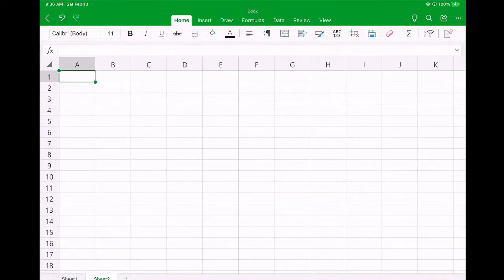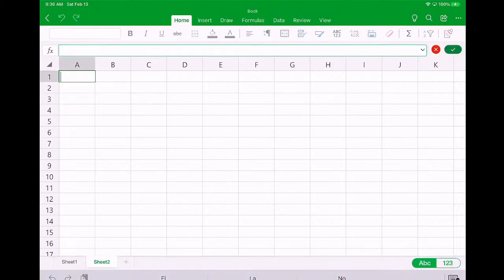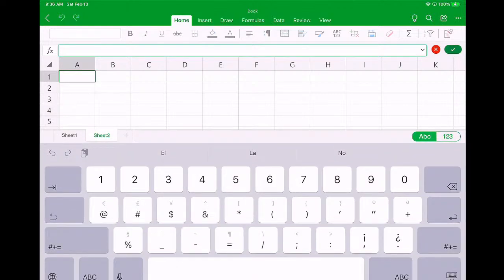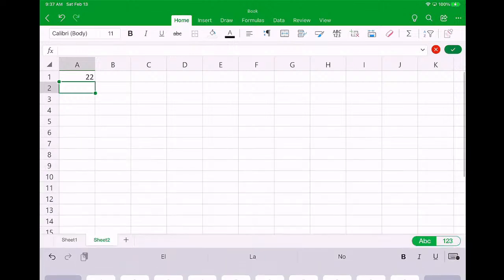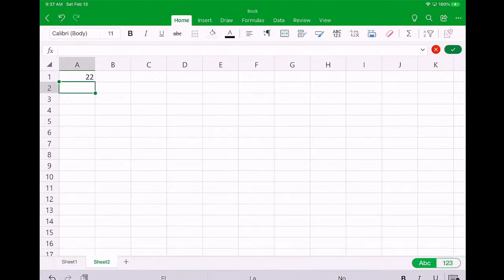So entering values. This is not very useful. I'm going to go to the other keyboard. Oh, it's slower.